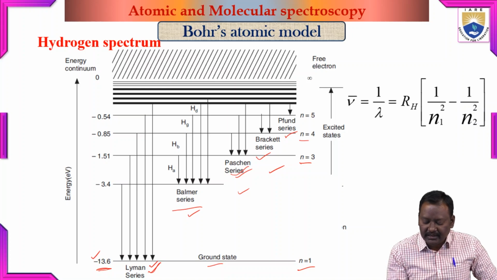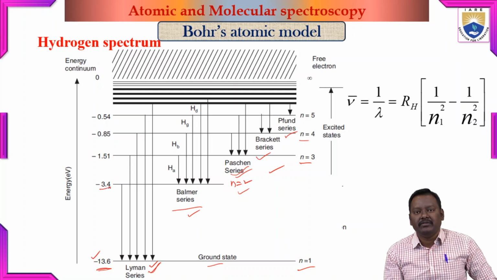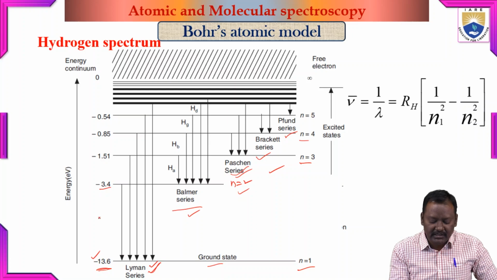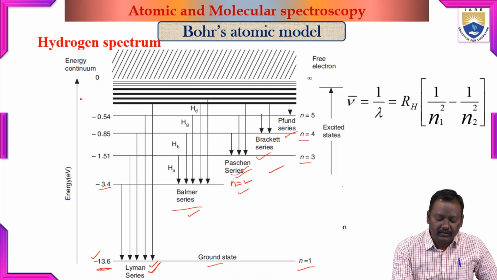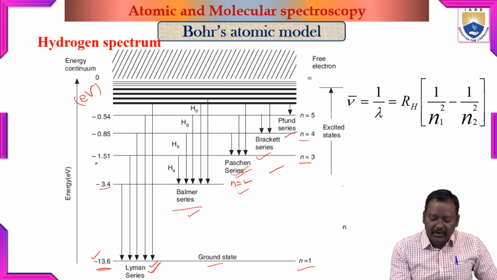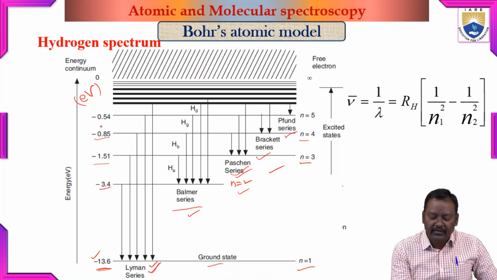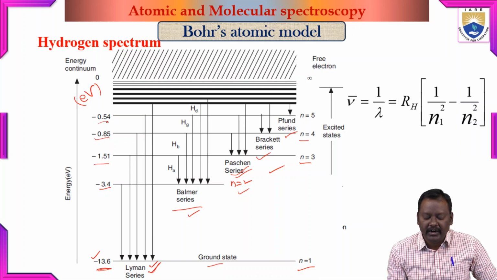For the electron in the second orbit, for n equal to 2, the energy of the electron is minus 3.4 electron volt. All these energies are in electron volt. For the third orbit, the energy is minus 1.51. For the fourth orbit, 0.85. For the fifth orbit, 0.54.